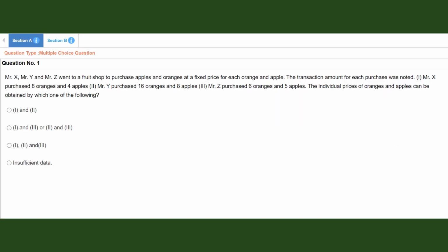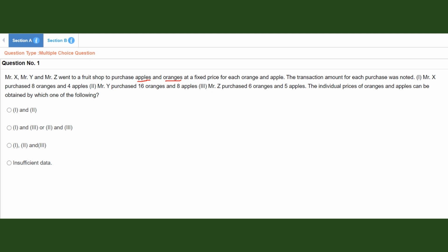Question number 1. Mr. X, Mr. Y and Mr. Z went to a fruit shop to purchase apples and oranges at a fixed price for each orange and apple. The transaction amount of each purchase was noted. 1.